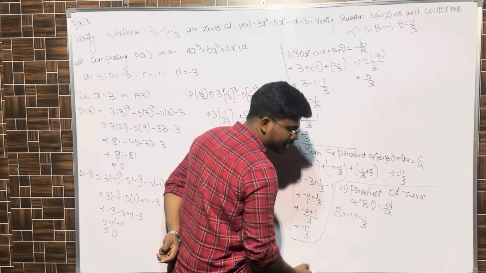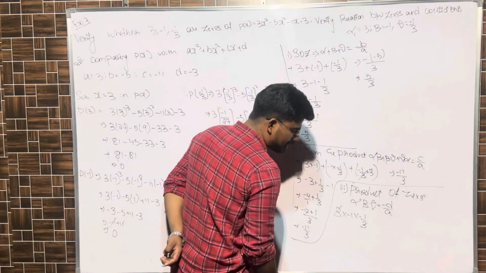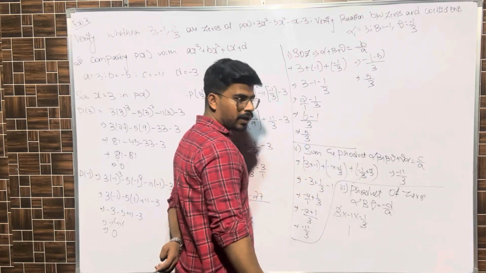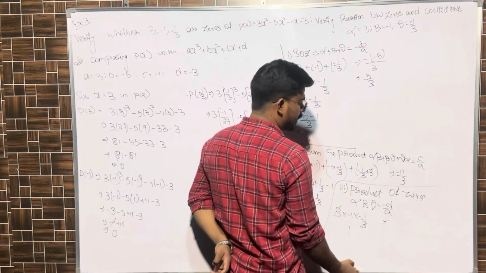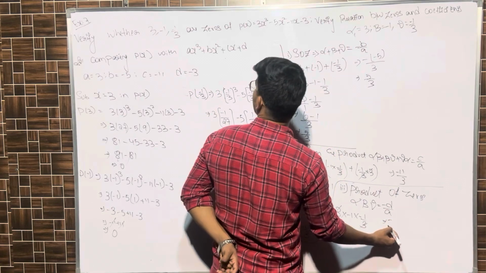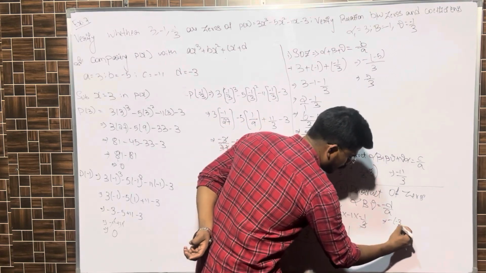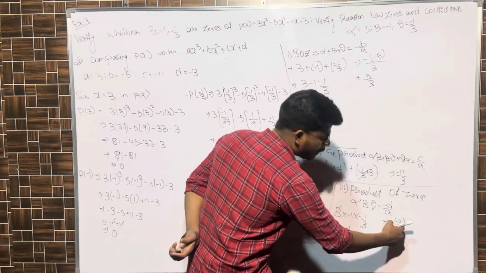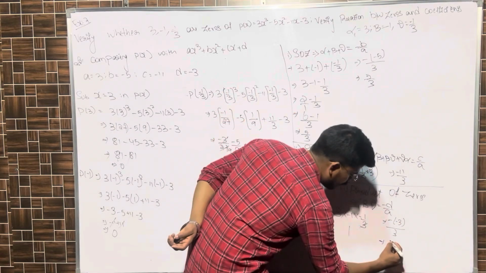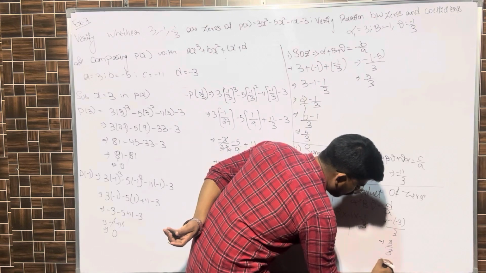This 3 gets cancelled. Minus into minus, 1 is 1. RHS should be the same. Minus is there, right? Minus as it is. What's the value of d? Minus 3. a, 3. Minus into minus plus 3 by 3. 3 by 3 is nothing but 1.